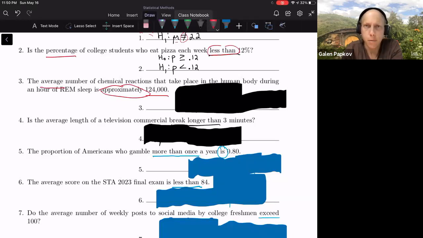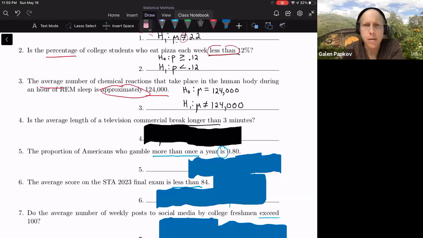So close enough means, is it essentially equal to? And different from means it could be something else, but something else either below or above. So that description should make you think of equal and not equal. And that's what you should have in your hypotheses for this example.